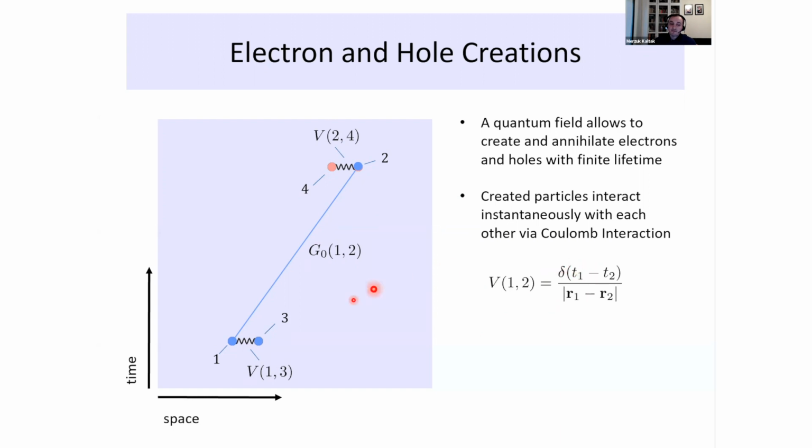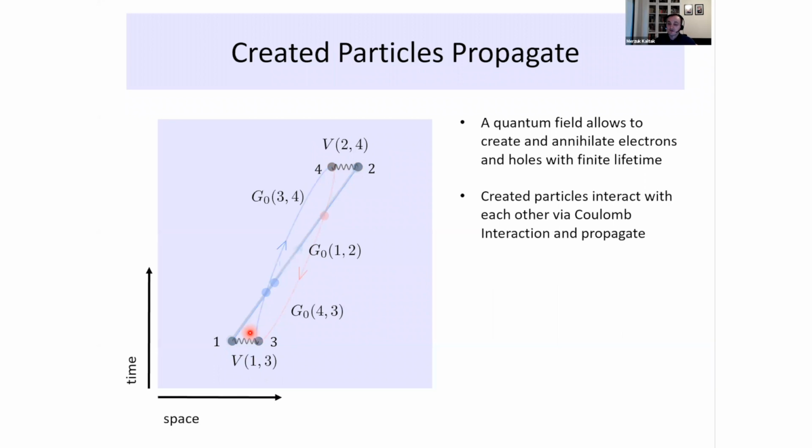Apart from interacting, these virtual particles can also move and propagate. And this propagation is again described by Green's functions, namely by the free Green's function. Here, for instance, an electron moves from point 3 to point 4 and is described by this object, while the corresponding hole moves in the opposite direction.